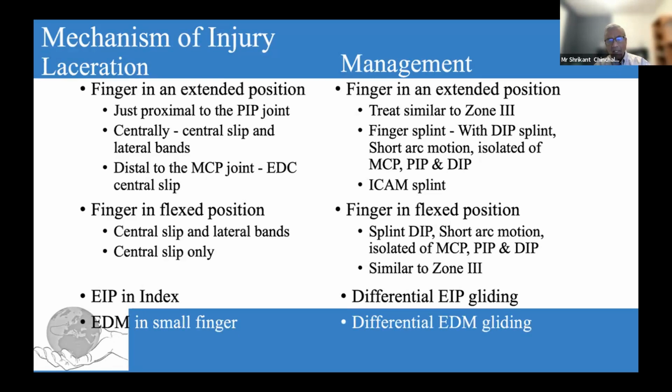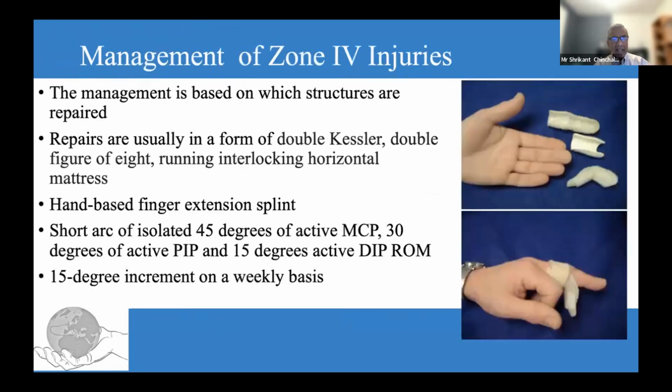And if it is a small finger, differential EDM gliding and EDC. So the management is based on which anatomical structures are repaired. Repairs are usually in the form of double Kessler, double figure of 8, or running interlocking horizontal mattress. So they are relatively stable repairs, and therefore controlled mobilization must be implemented in order for us to have gliding of the extensor tendon proximally as well as distally.